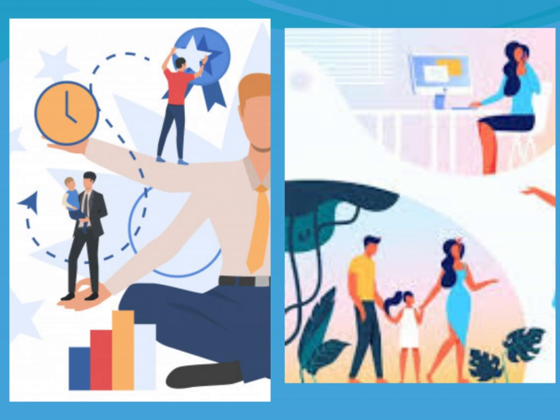How about these two images? One is an image of your father and the other is of your mother. Your father is at work, but when he gets home, he acts as a father. And your mother is at her work, and when she gets home, she acts as a mother.